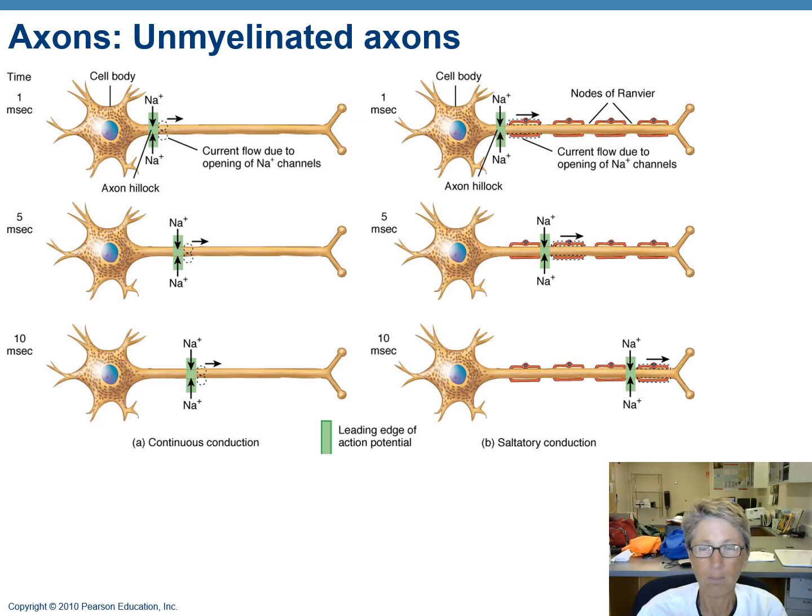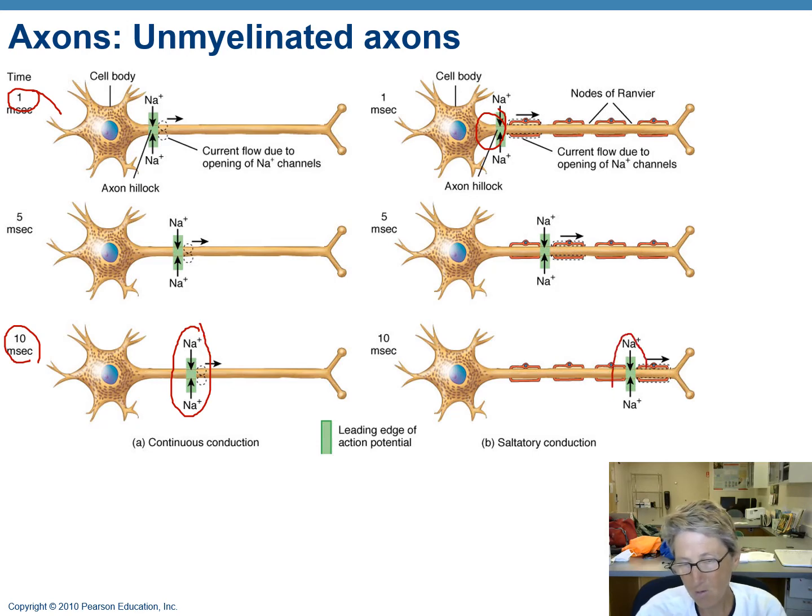So we went over this cartoon in the last video for chapter 11. And this just shows at time 1 millisecond, voltage-gated sodium channels open in an unmyelinated axon. Voltage-gated sodium channels open in a myelinated axon. And then you can see after 10 milliseconds, look how far the action potential has gotten on a non-myelinated axon.